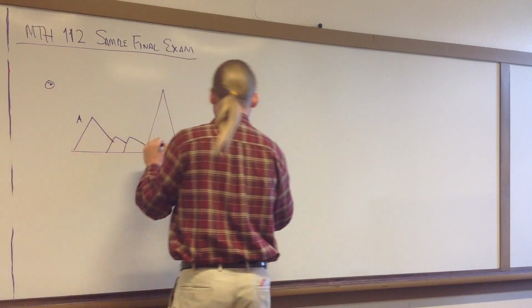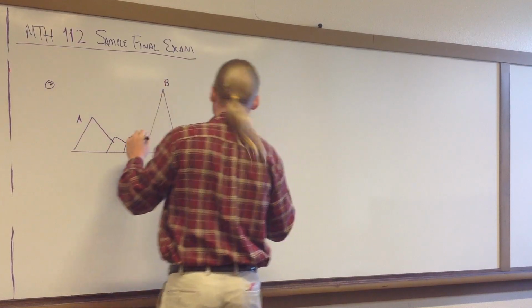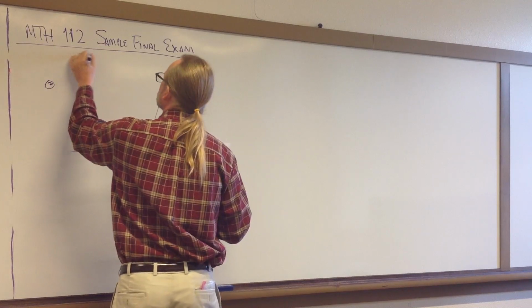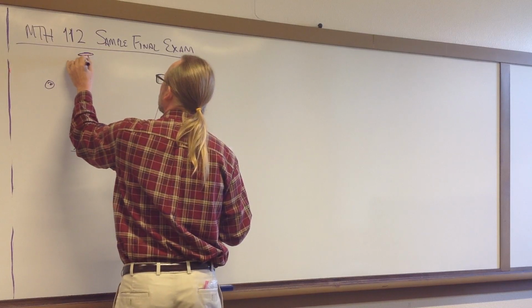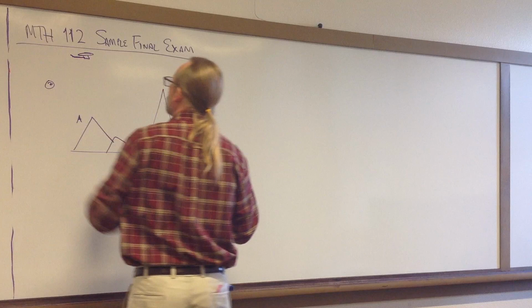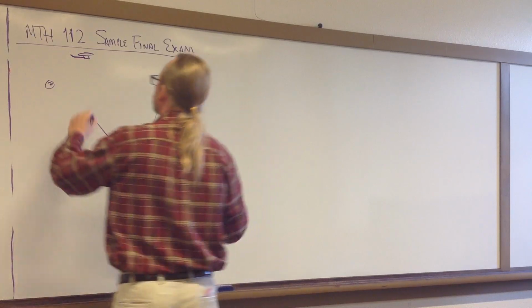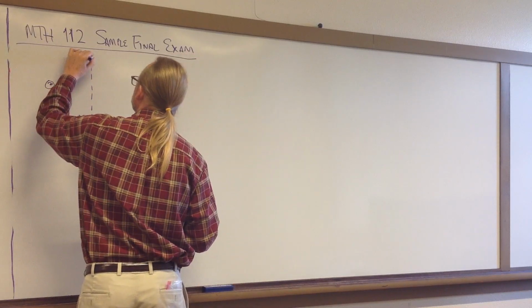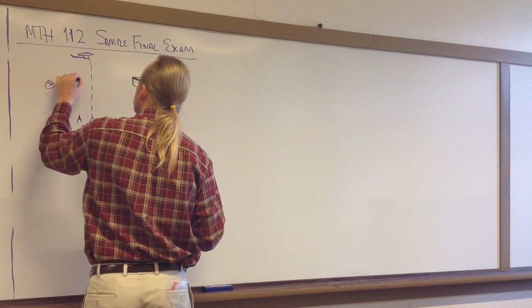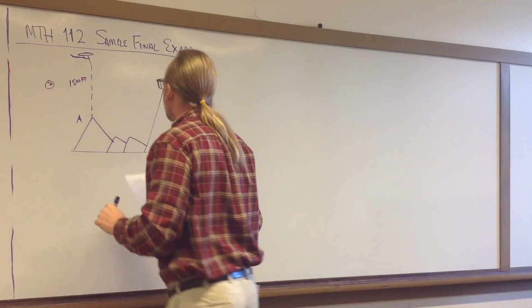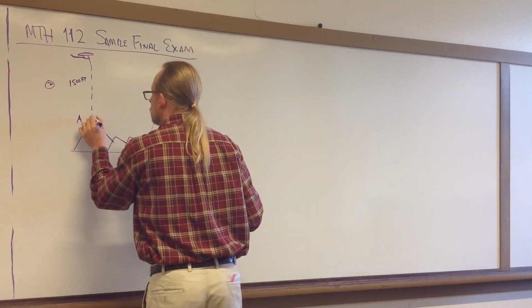So that's A, that's B, and then we've got this helicopter here, hovering 1,500 feet directly over peak A, which we know the altitude for.